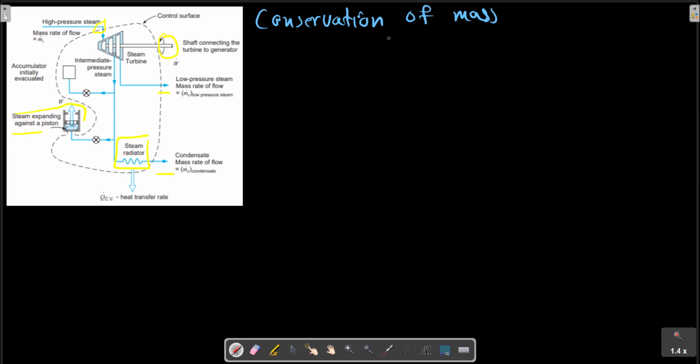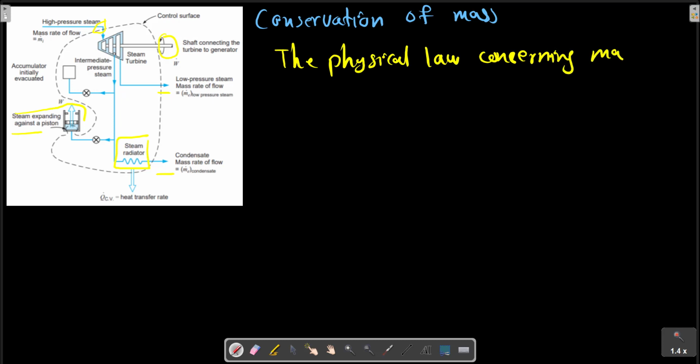The physical law concerning mass as it relates to a control volume, recalling from section 5.9, says that we cannot create or destroy mass.